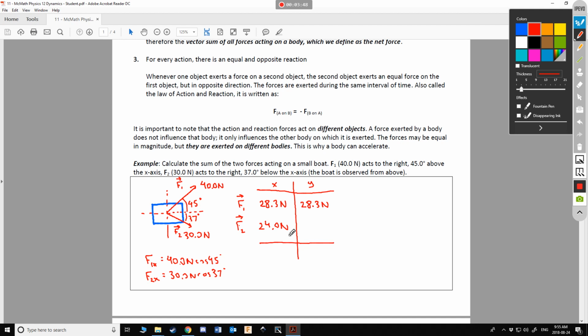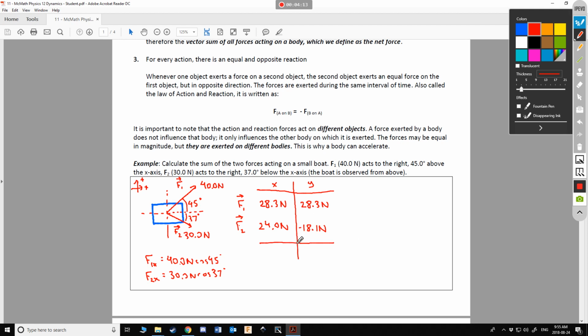And for F2y, that's going to be 30 sine 37. We get 18.1. However, we need to be careful here because we need to define which directions are positive directions. So I'm just going with our traditional up and to the right is positive. So F2 is going downwards. It's going to be negative 18.1.